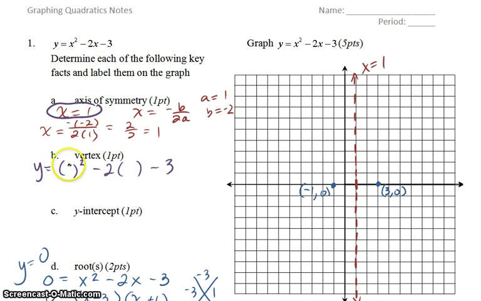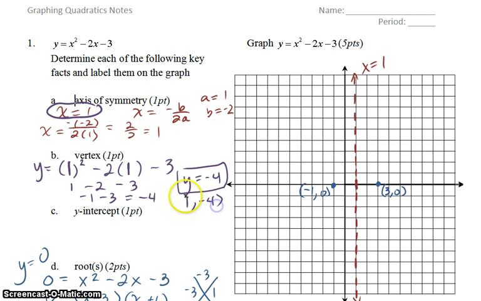So x is 1, goes in there and there. We're going to figure out what we have. 1 squared is 1, 2 times 1 is negative 2, 1 minus 2 is negative 1, minus 3 is negative 4. So we have y equals negative 4. So my vertex is (1, negative 4), because it's an ordered pair.